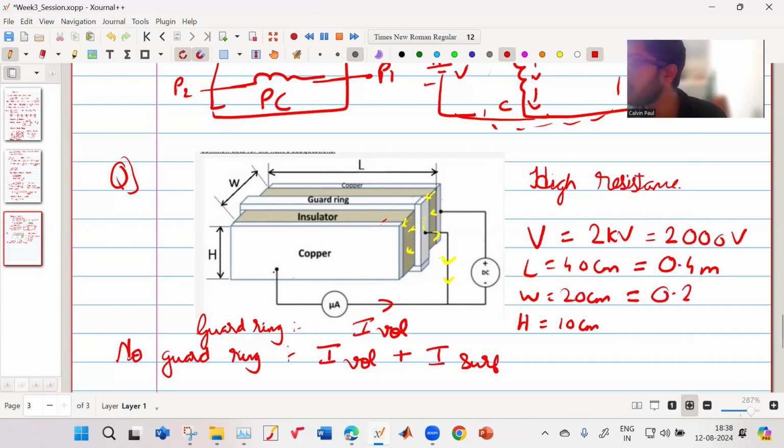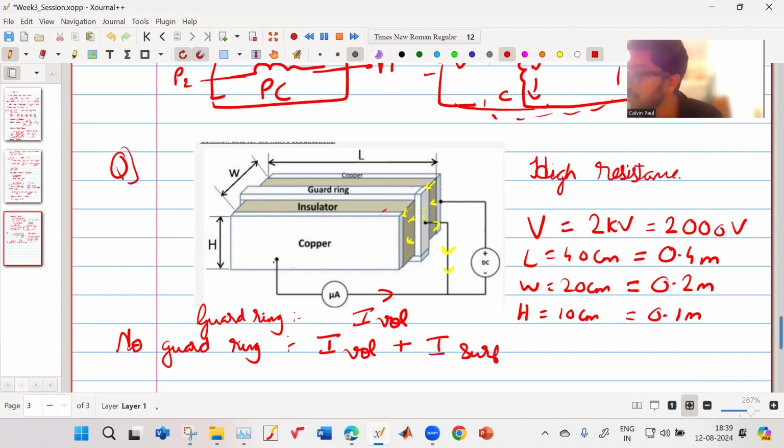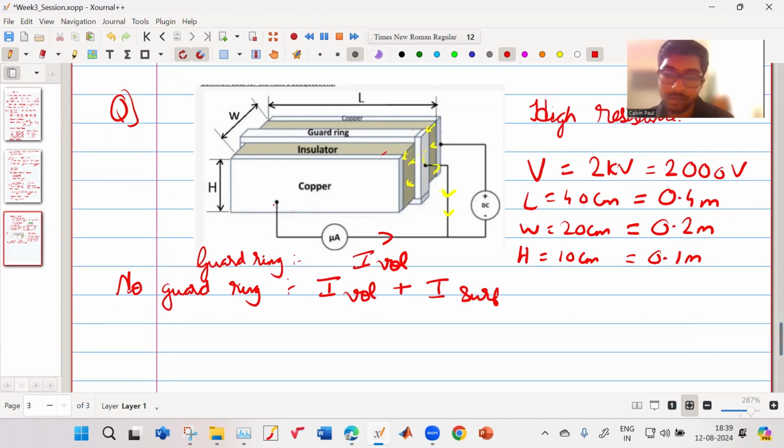Width, I write it as 0.2 meter. Height, I write it as 0.1 meter. These conversions are important. These might result in some errors if done improperly, so you must not neglect them. I converted into meter because I prefer to work in that manner. For me, that is the easier way.